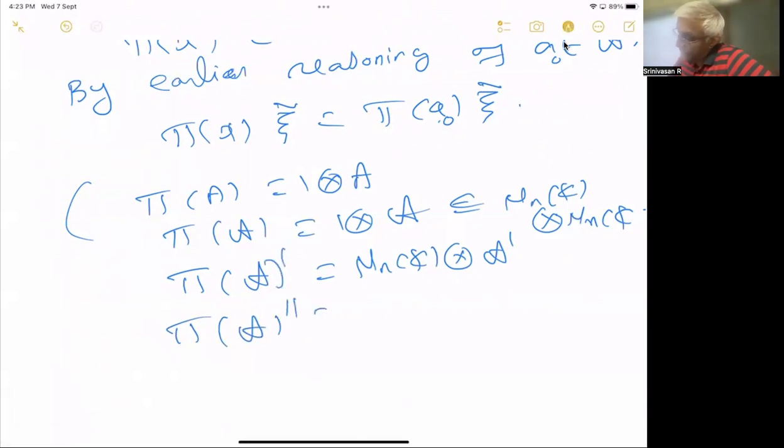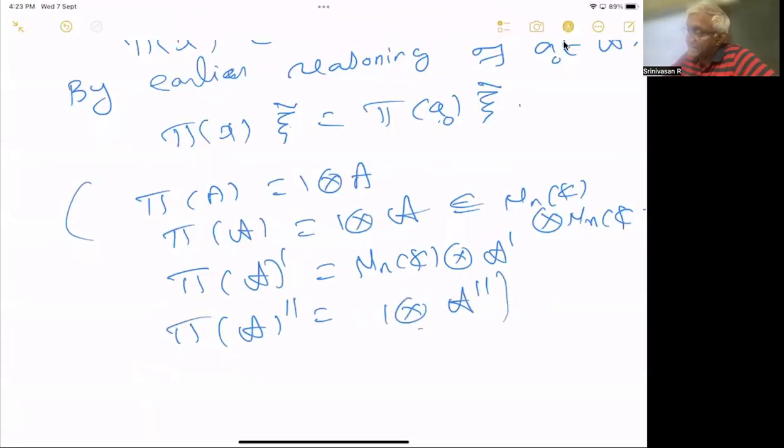Pi of A double commutant is nothing but one tensor A double commutant, which is what we got finally. So our new algebra is one tensor A, and our double commutant is one tensor A double commutant. For any element in the double commutant, there is something in the original algebra which coincides on any given vector. That is what the statement is.